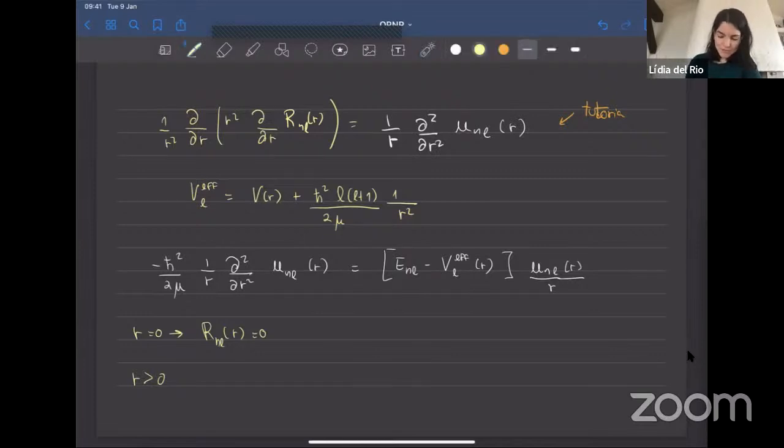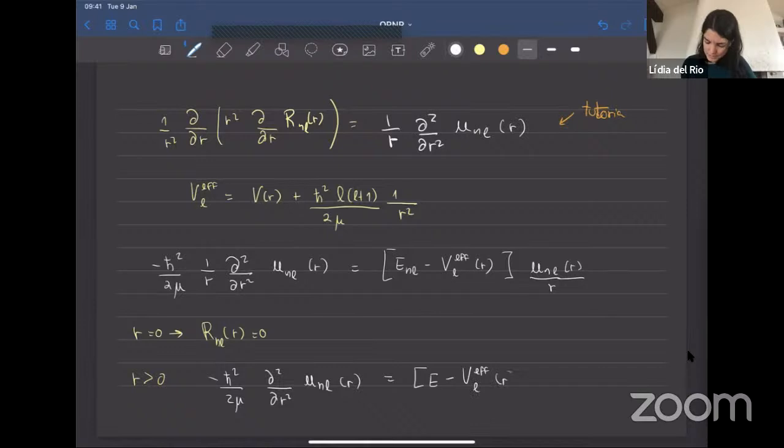So now we have a differential equation that should be now very familiar. So here's E, whatever difference on N and L. No, I'll just write E minus V effective of L R. So why is this familiar?